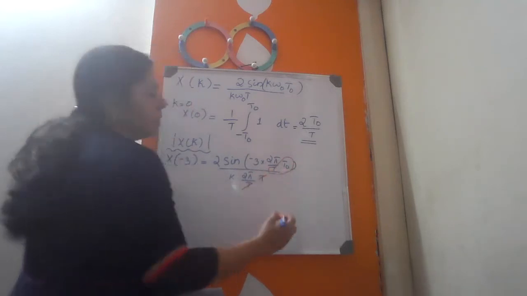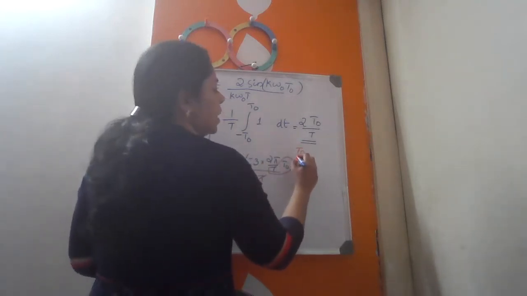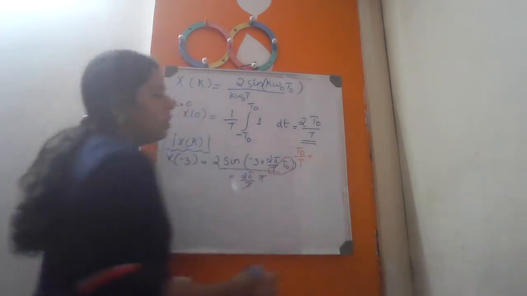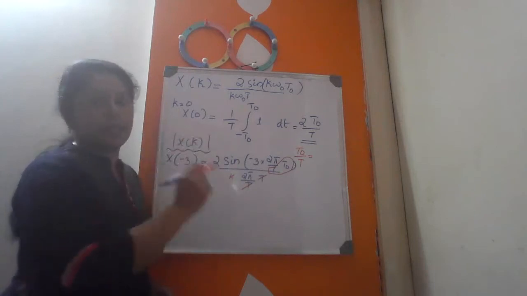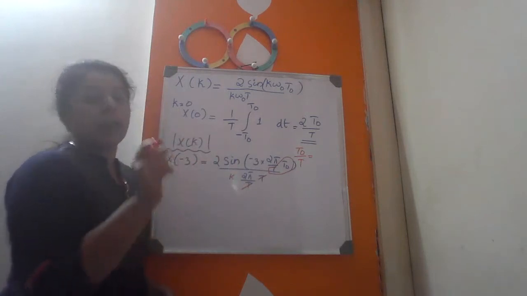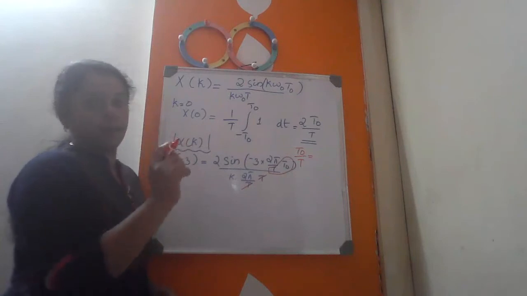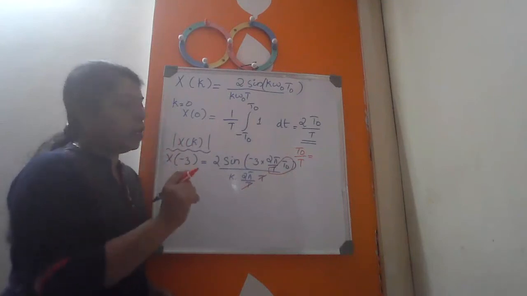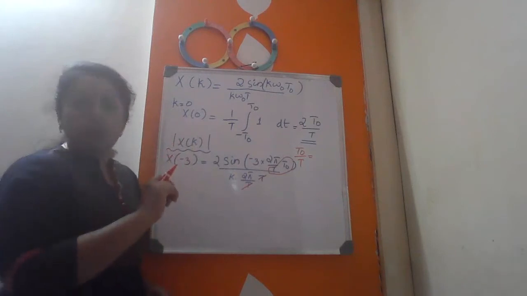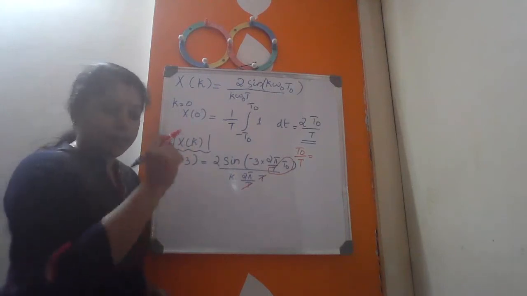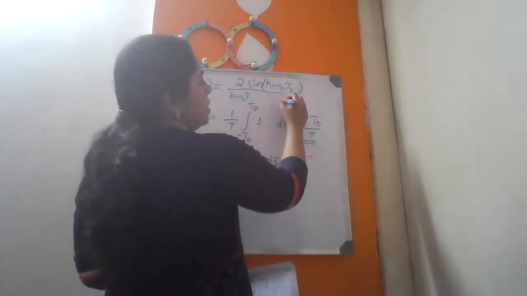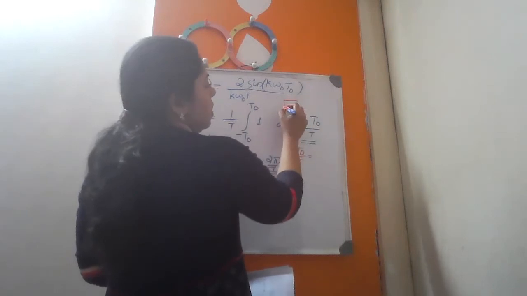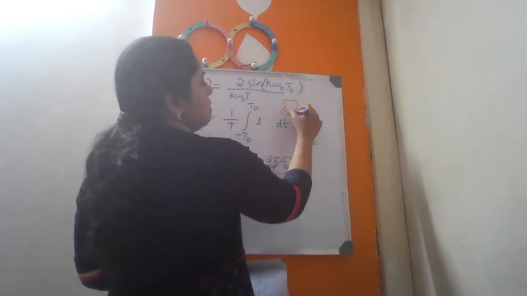Now this term I am going to write: how can I write t naught by T? T naught, as you can see in the question itself, is where my signal is on, that is where I have an amplitude. Considering the starting of my signal to the ending of my signal, this point we said is minus T naught and this was plus T naught.